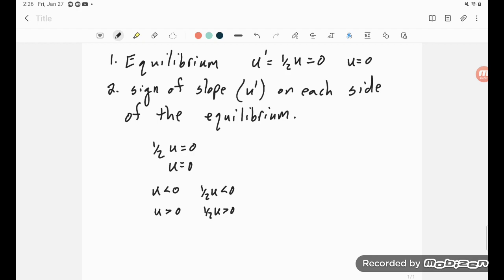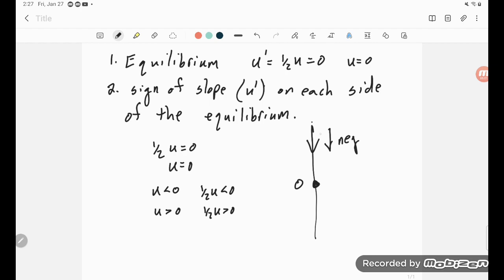Now, if you do this vertically, because u was plotted on the y-axis, you would go here and say, here's the equilibrium at 0. And then to show direction, yes, I have that nicely done there. Right, this is down, this is negative.